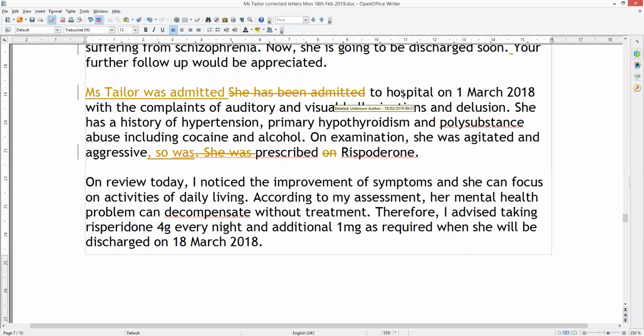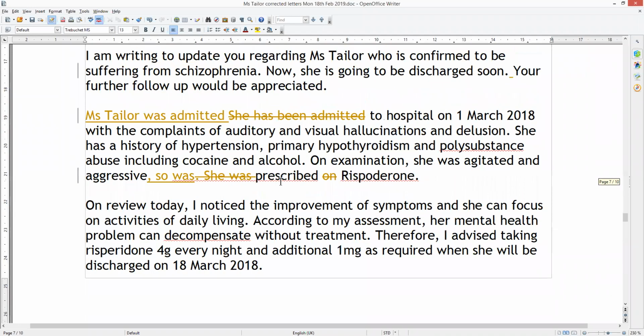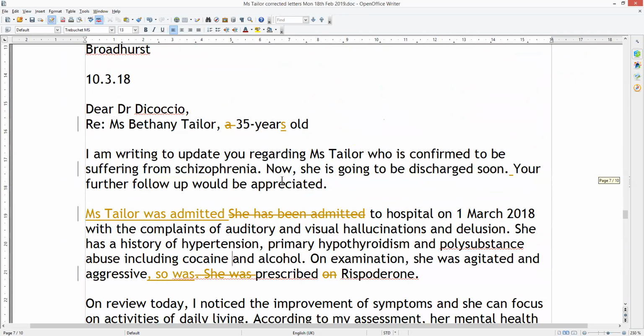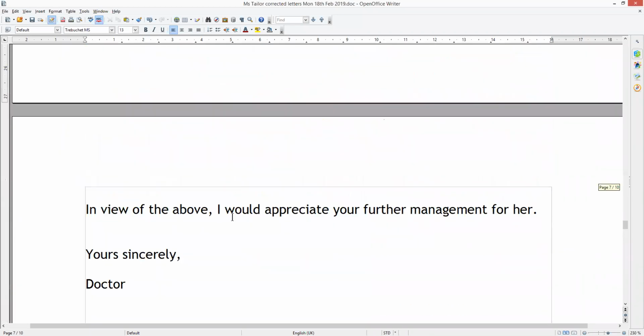Okay. Again, you could have mentioned that she did Coke the day before. You could have mentioned that. On review today, I noticed the improvement of symptoms. Well, she's been there for 3 weeks. This is a bit short. Let me have a look at this one.